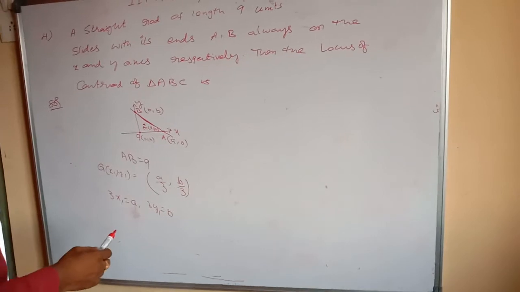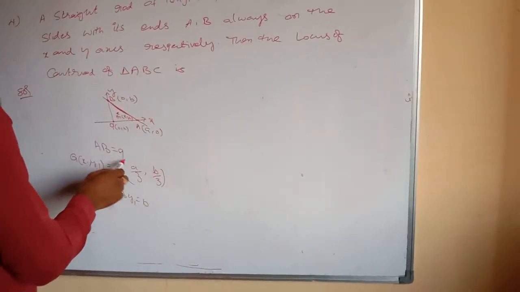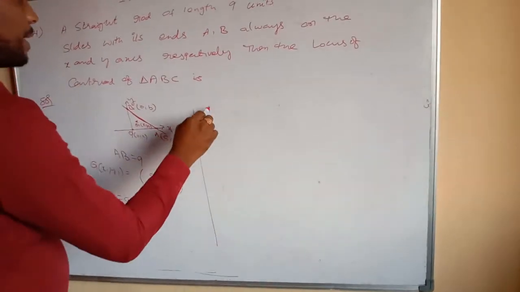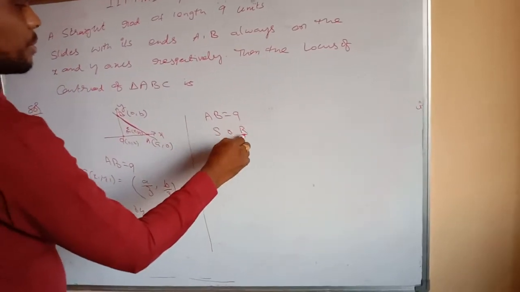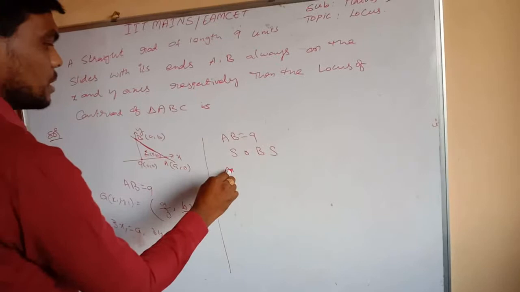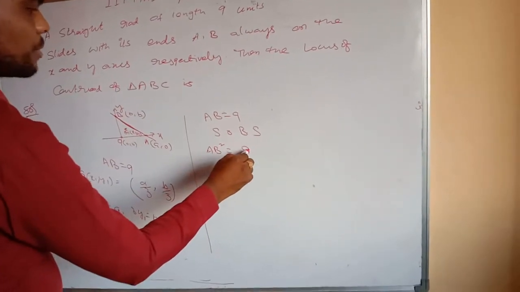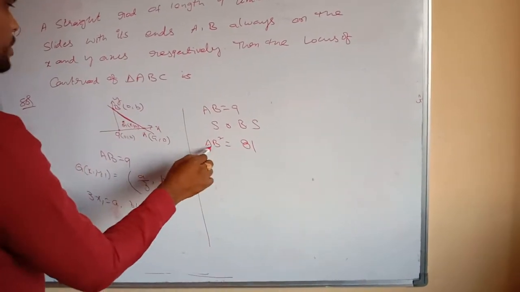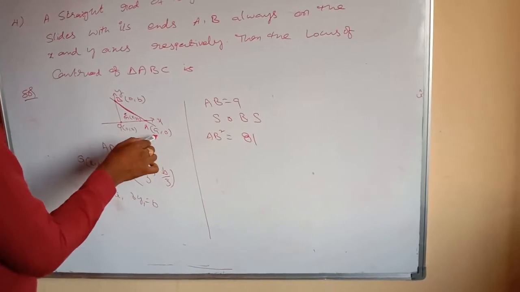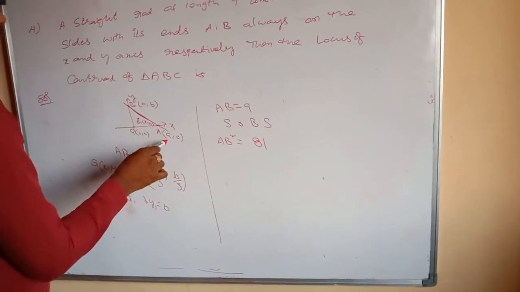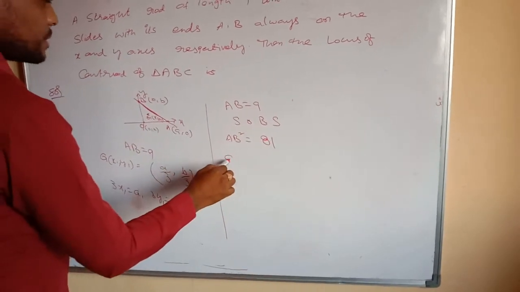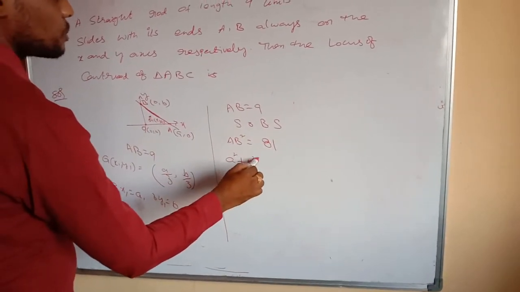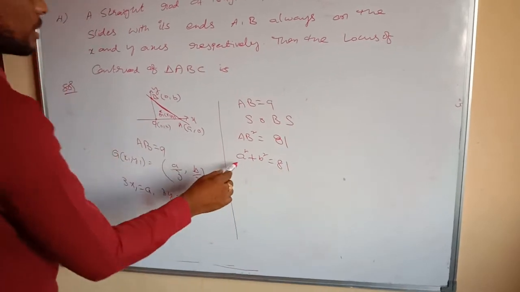Now the distance between A and B is equal to 9. Squaring on both sides, AB square is equal to 81. The distance between the two points A and B is root of (a square plus b square), so AB square means a square plus b square is equal to 81.